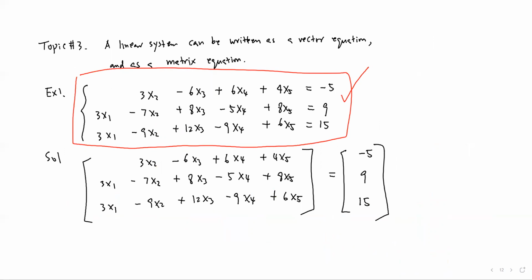Let me, based on this example, make a summary. In summary, we have a linear system whose augmented matrix is this.